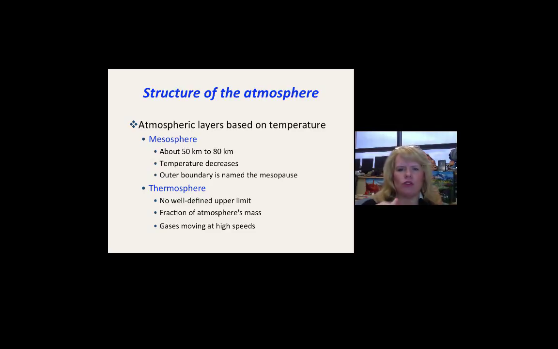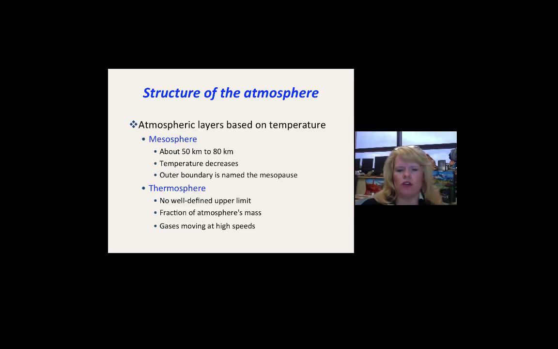The mesosphere sits above the stratosphere and the stratopause right there. The mesosphere sits between 50 and 80 kilometers above the Earth's surface, and the temperature decreases as you go up in altitude. The outer boundary is the mesopause, so every single one, like troposphere, tropopause, stratosphere, stratopause, and then mesosphere, mesopause, and so forth.